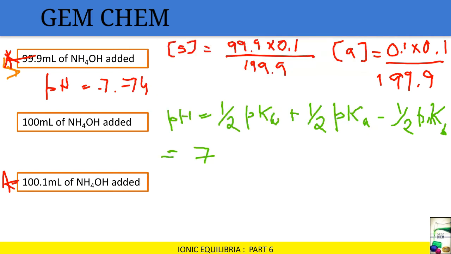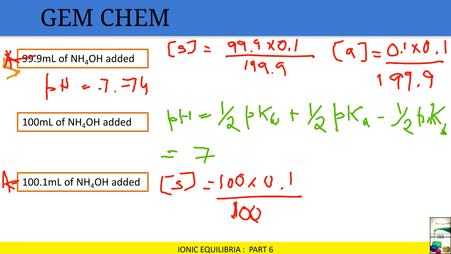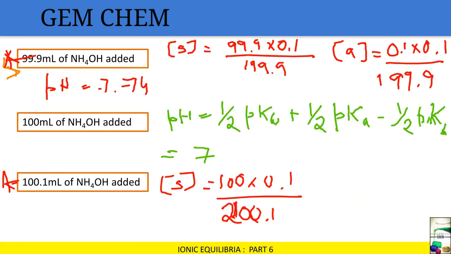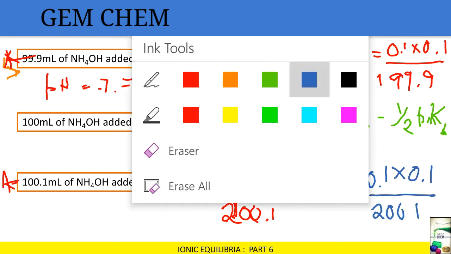Now again, the erroneous result for this one is the salt concentration in this case. Now remember, there is 100 ml already salt formation, right? So no more salt formation will occur because now only excess of NH4OH will be added. So this concentration will remain fixed in all cases, 200.1, and the base concentration will increase now. Base concentration is 0.1 into 0.1 divided by 200.1, and here the formula changes.